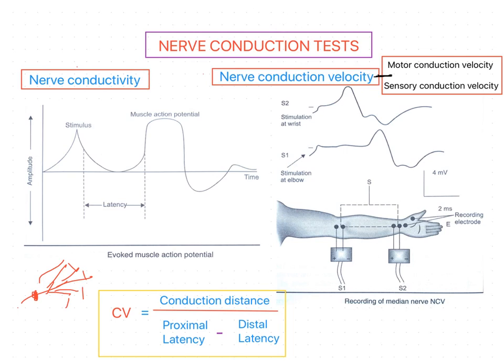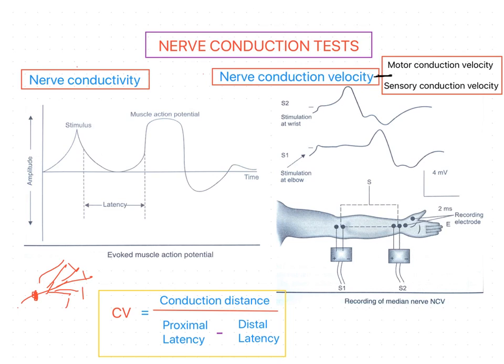The recording is made by a different set of electrodes placed over the stimulated muscle or sensory nerve. Both the stimulating and response signals are displayed on the oscilloscope. Both the motor and sensory conduction velocities can be recorded.